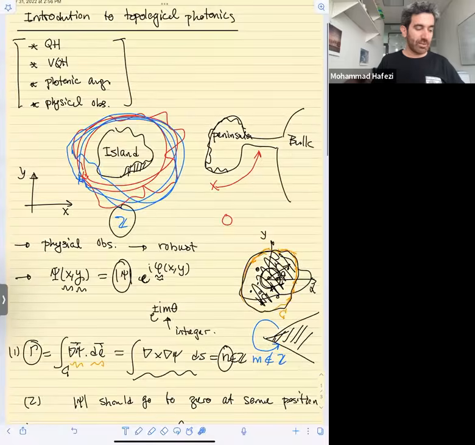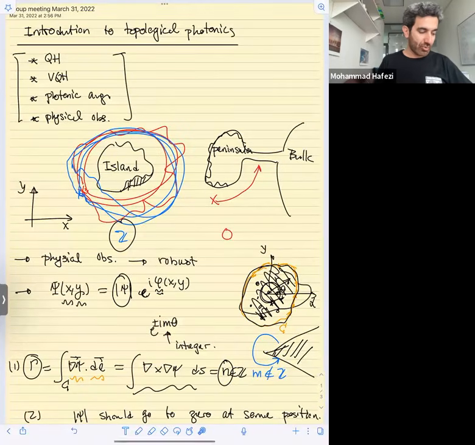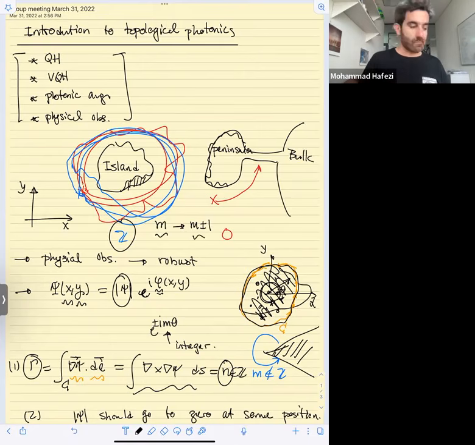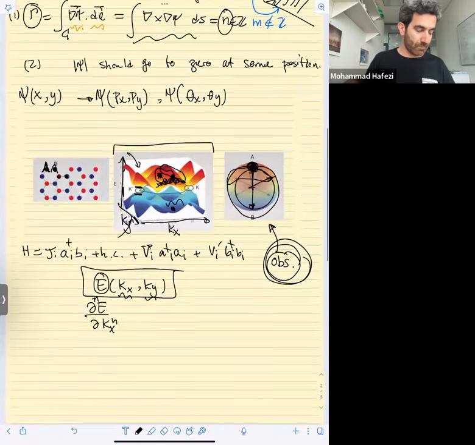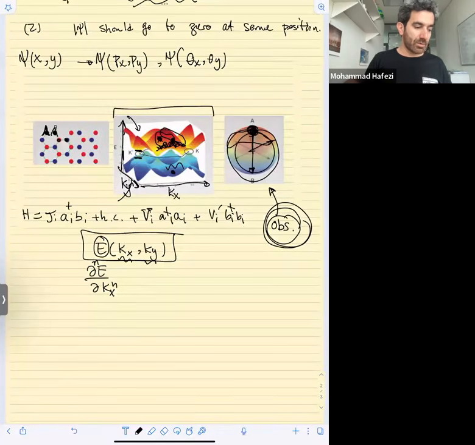More intuitively over here, my deformation should not be so much that it will take me from one integer to another integer. We will be more specific about this, but indeed I can add a perturbation so strong that it would take me from one of these integers to another integer. So there is some limit to the amount of perturbation that you put in the system.